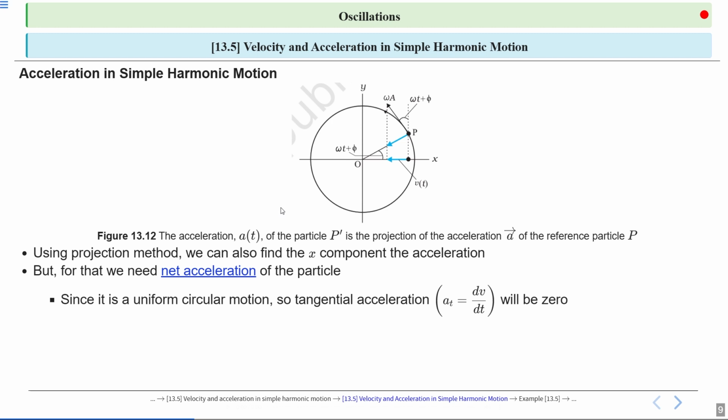Since the particle is moving in a circle at a constant speed, it's undergoing uniform circular motion. That means the tangential acceleration, which is the rate of change of speed along the path, is 0. So in other words, a_t is equal to dv upon dt, rate of change of speed, is equal to 0, because the speed is not changing, only the direction is.